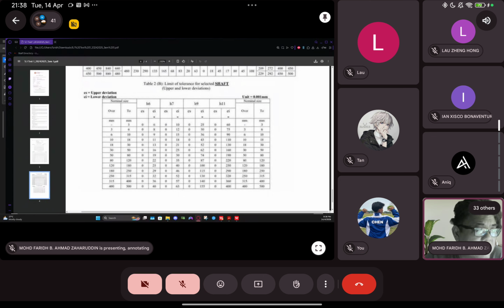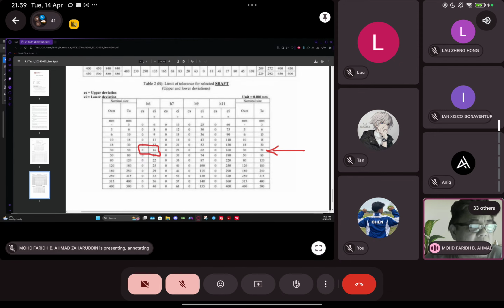Okay, please write before, because you don't have this table. Okay, this one, 50 mm, A6. This is a lower 0. Oh, sorry. Okay, this one, 0 and 16.